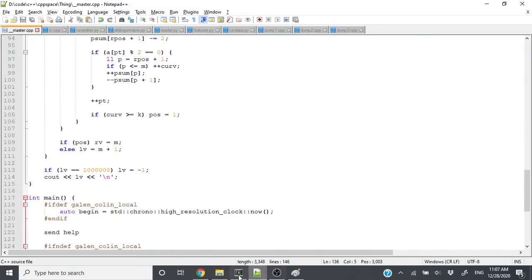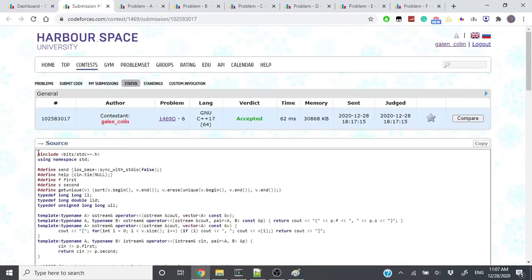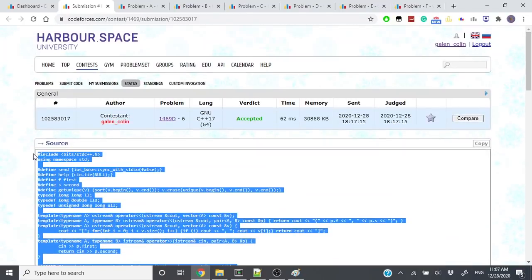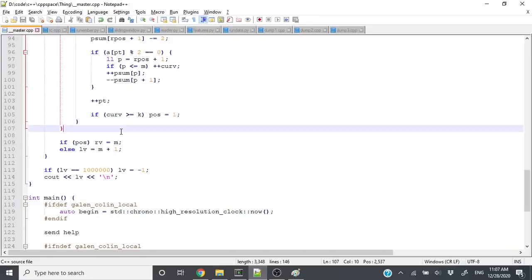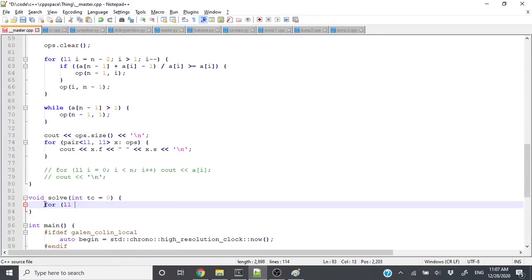Actually, in the meantime, I'll stress test D. Why not? The reason I had the structure be this run thing was so I can do this later. For LLI equals 1.